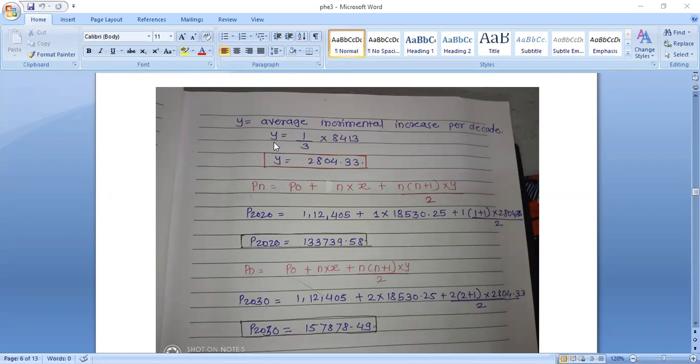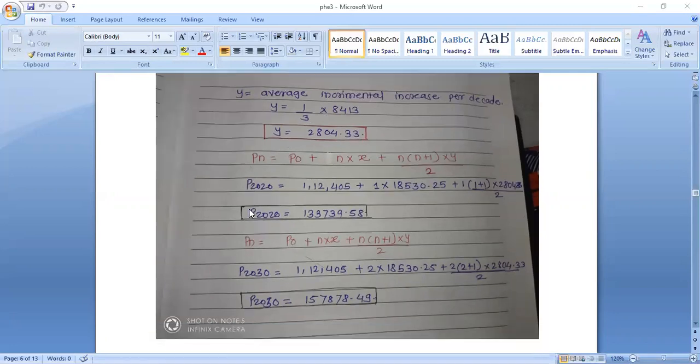Now see, y is equal to 1 by 3 into total incremental increase per decade. 1 by 3 means we have the incremental increase for 3 decades. Then the value of y is 2,804.33.